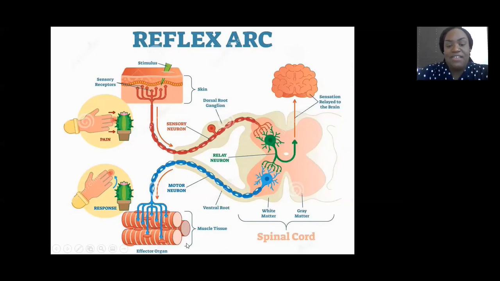In this case, the effector organ is the muscle tissues in your arm, because that is where the stimulus was detected in your finger. So automatically, very quickly, as soon as you touch that prickle, your hand will jerk backwards away from it. And that is bringing out, very lastly in the arc, the response. So here you see a very seamless sequence of events that happens along this reflex arc.